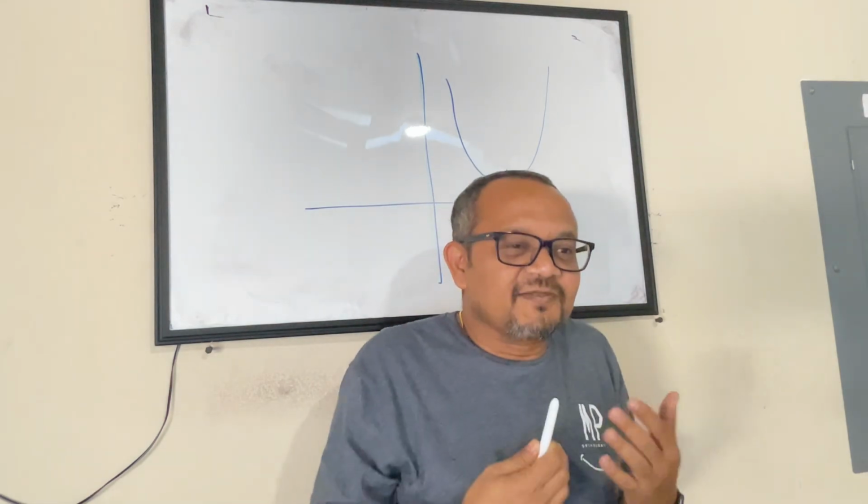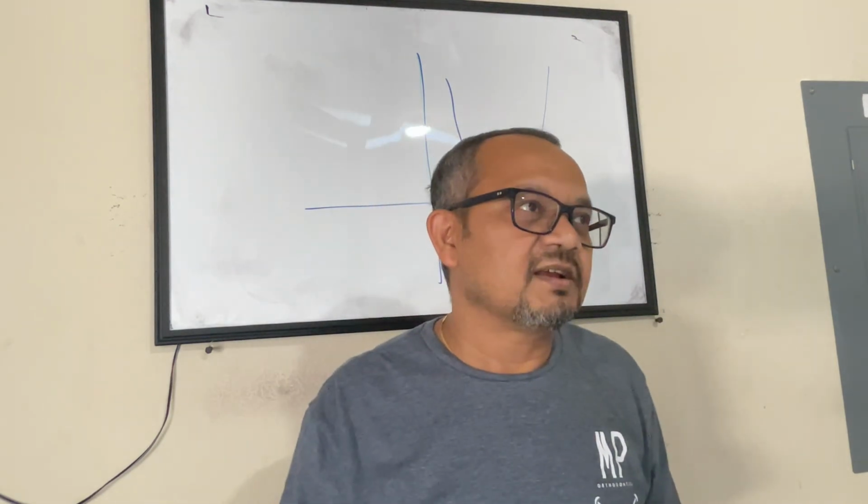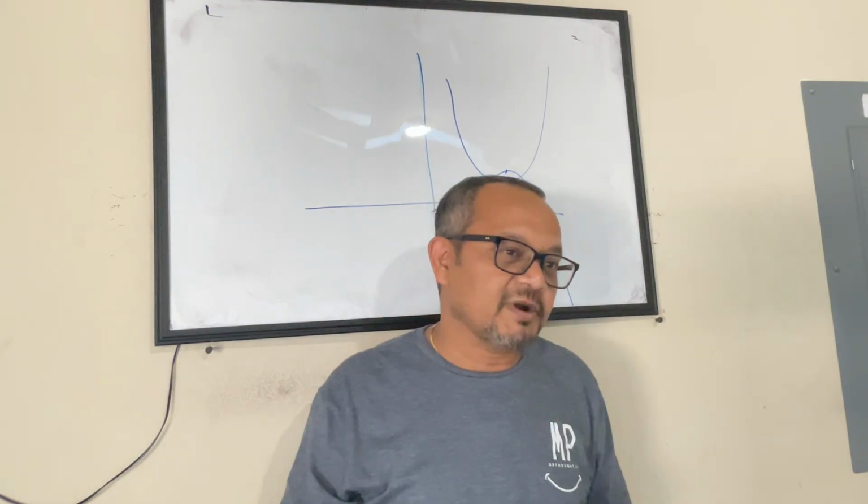Okay. What else? Any other interesting information that you guys want to share with me? Where a is not equal to 0. Say that again. A is not equal to 0. What is A here? We have not talked about A yet.